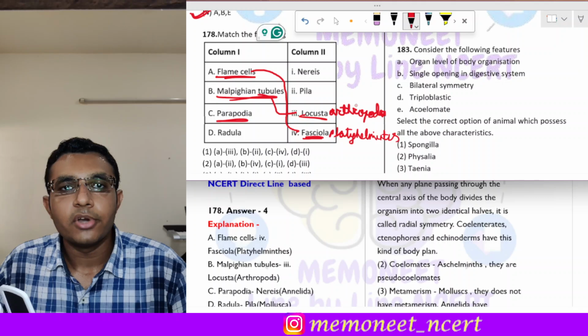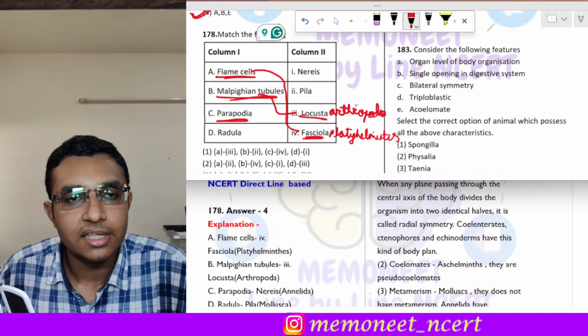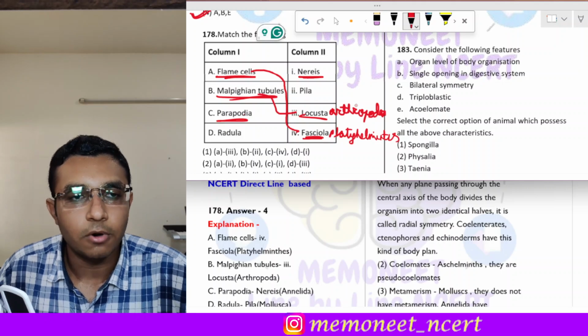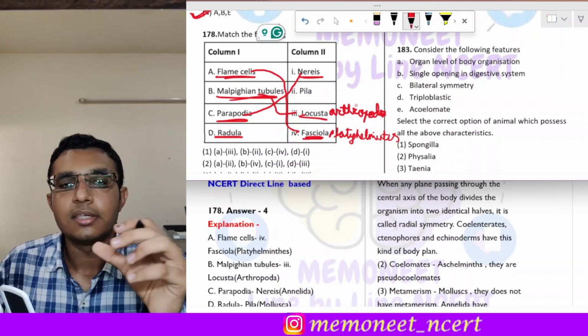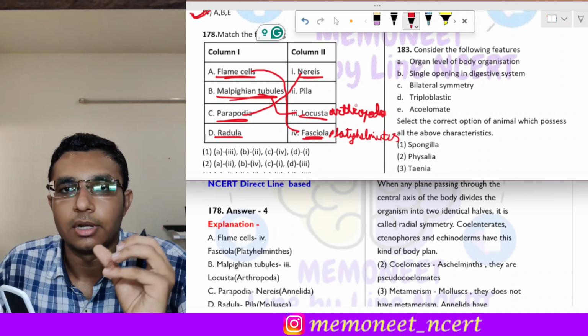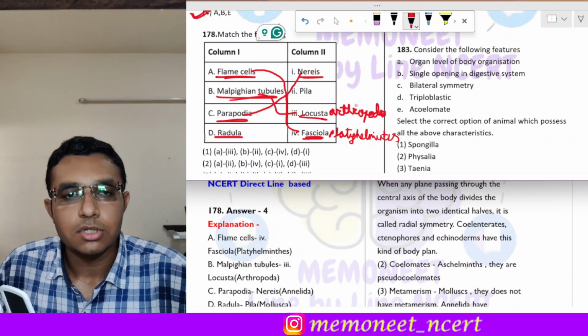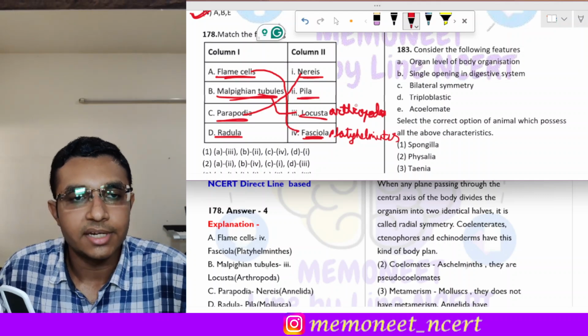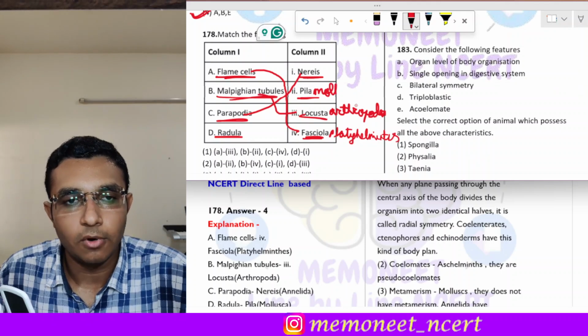Now parapodia are the lateral appendages which are present in annelids like nereis, and they help in walking as well as swimming. So C goes with 1, and D is radula. Radula is a file-like rasping organ which is present in the organisms of phylum Mollusca. Which of the following belongs to phylum Mollusca? It is the pila, that is the apple snail.